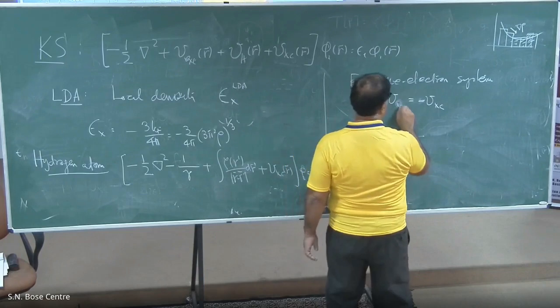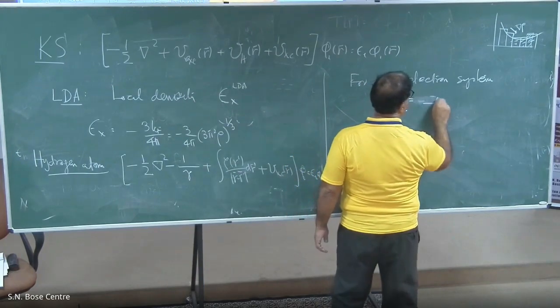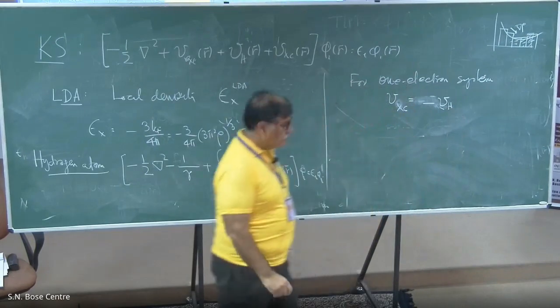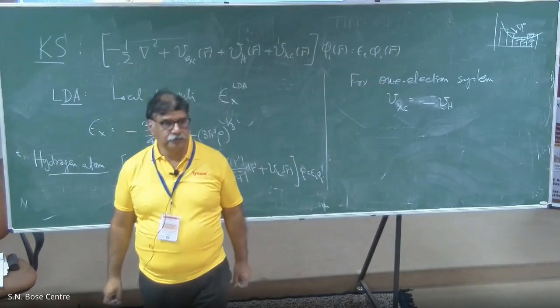That's right. The exchange correlation should be equal to minus V_H. Then this will cancel. Right?